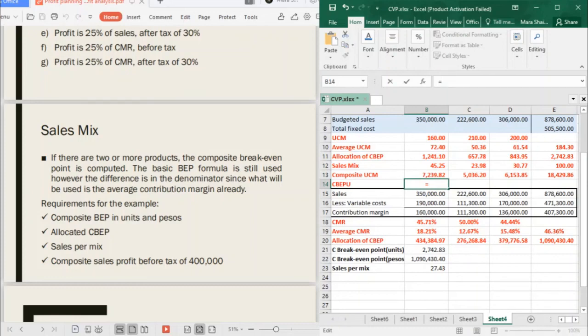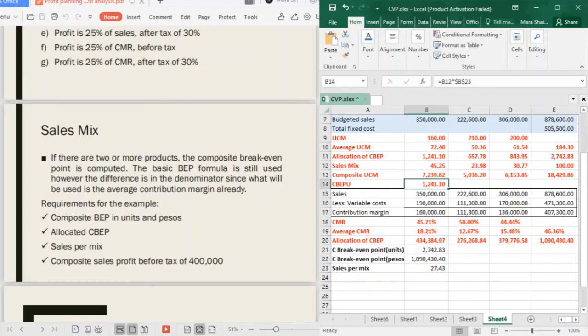Let's see if it is the same: your sales mix multiplied by your sales per mix. Our constant here is our sales per mix. So, you can see that it is equal.